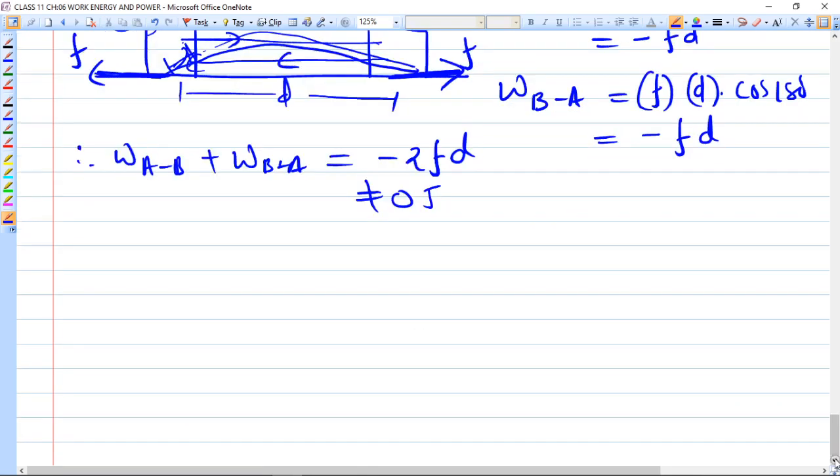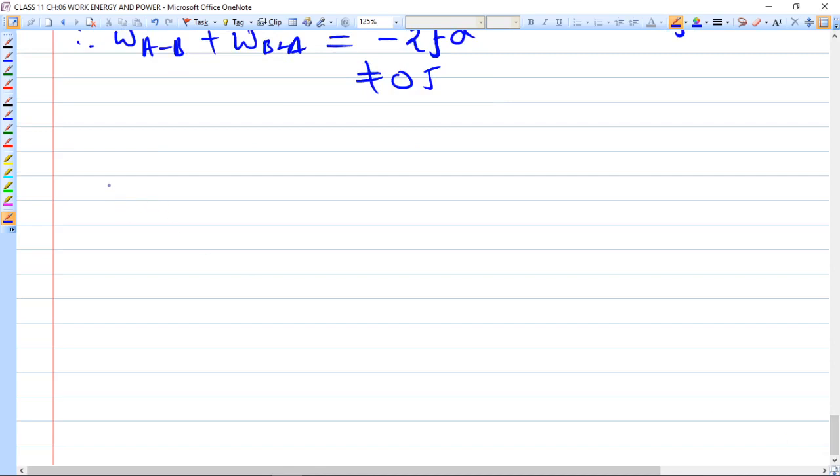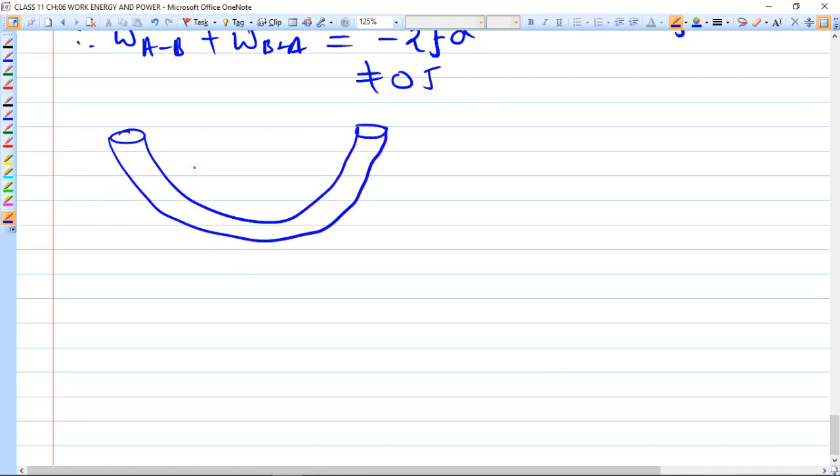I'm just giving an example. Suppose one ball is moving down here, and suppose the radius is r. So what is the work done by friction? Work done by friction will be equal to friction into this much length.